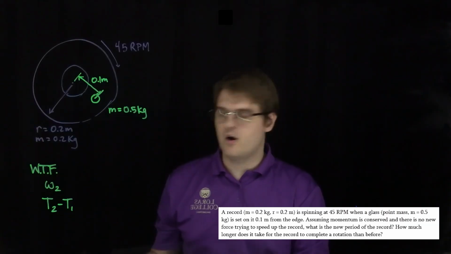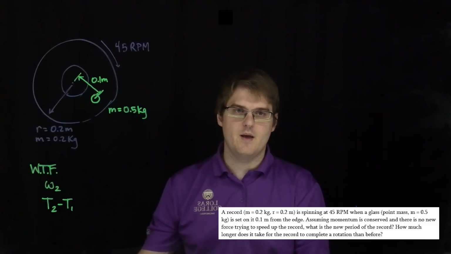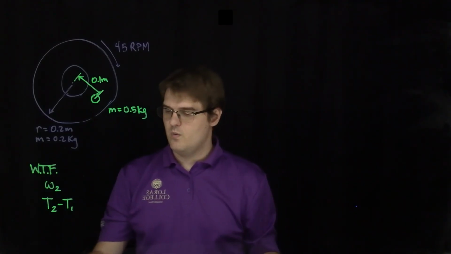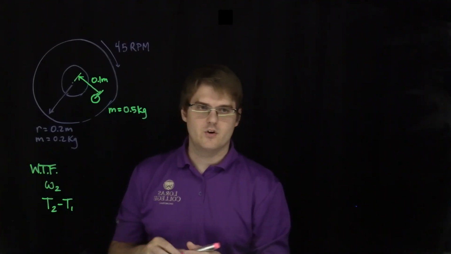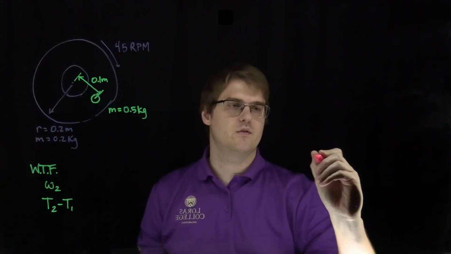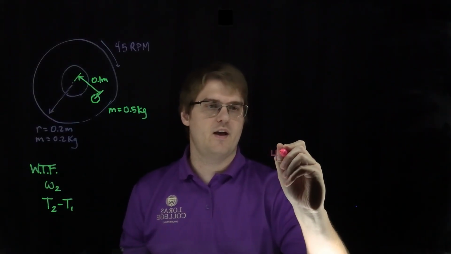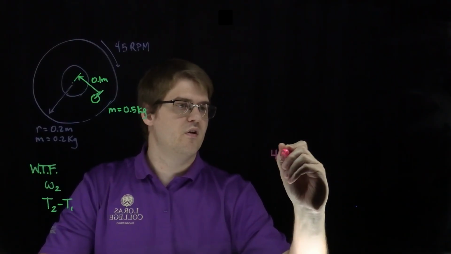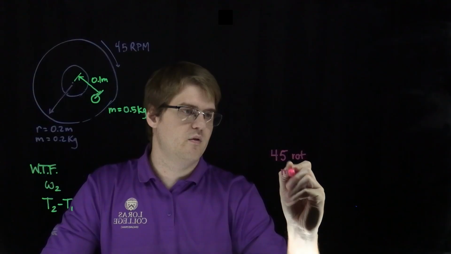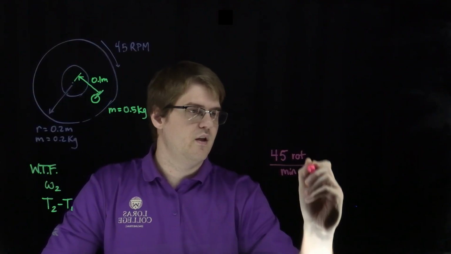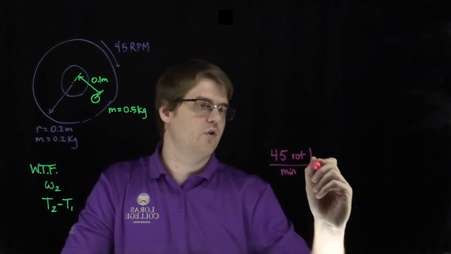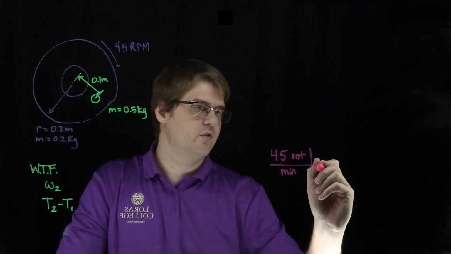First thing, we have RPM, and RPM is not an equation piece. Well, we could use it in this case, but we shouldn't. Bad practice. So we have 45 rotations in a minute, and we want that in an omega term, so in radians per second.